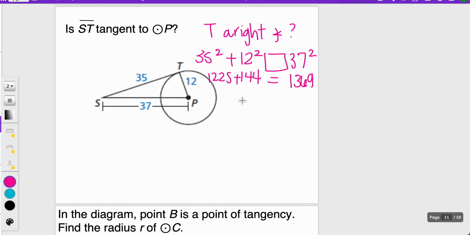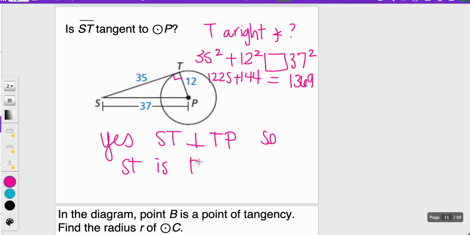They are equal to one another, so yes, ST is perpendicular to TP. Here's ST, here's TP, so that means it's making a right angle right there. So ST is tangent to circle P.